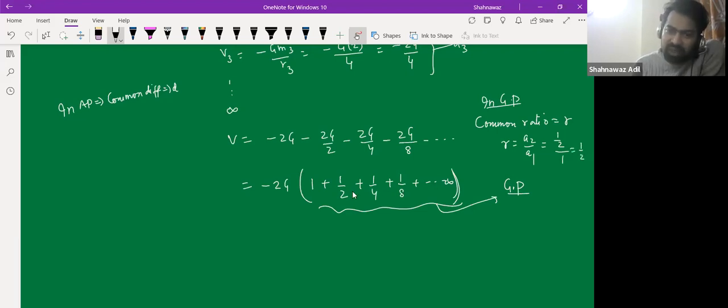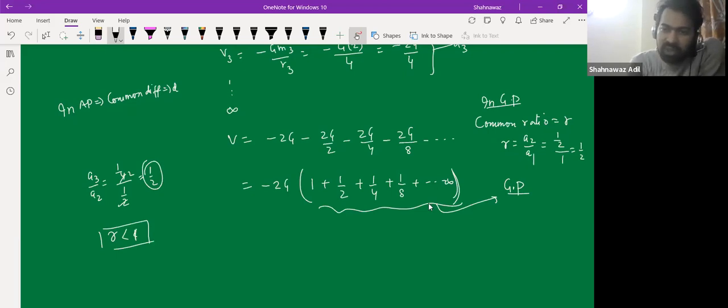Similarly, A3 by A2 is 1 by 4 divided by 1 by 2, so again 1 by 2. So the common ratio is the same, and R is less than 1, and this is going to infinity.